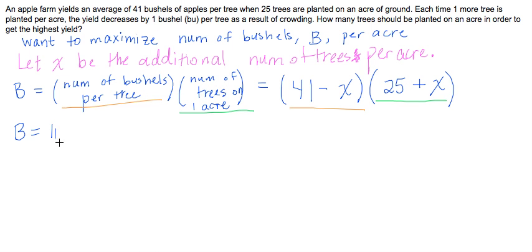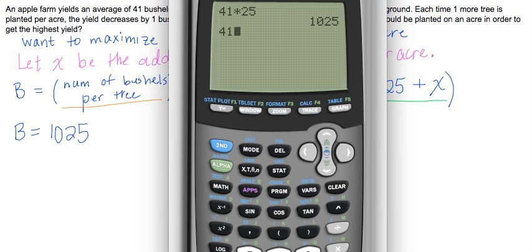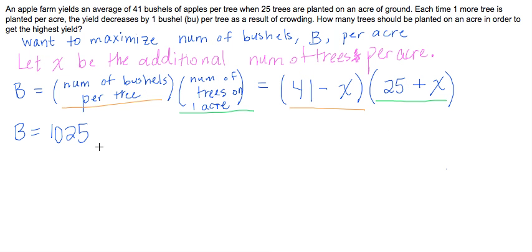Okay, so 1025 plus 41x minus 25x. 41 minus 25 is 16x minus x squared. Okay, that's the thing we want to maximize. So that's our objective function.